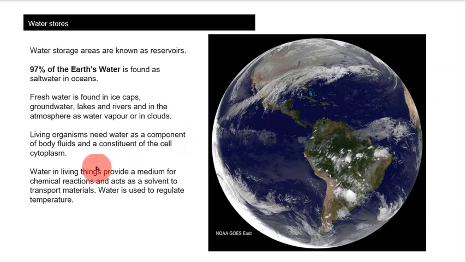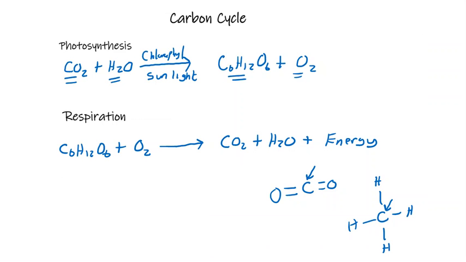Living organisms need water as a component of body fluids and a constituent of the cell cytoplasm. If you remember in first year, we looked at the structure of the cell. All living things are made up of cells.